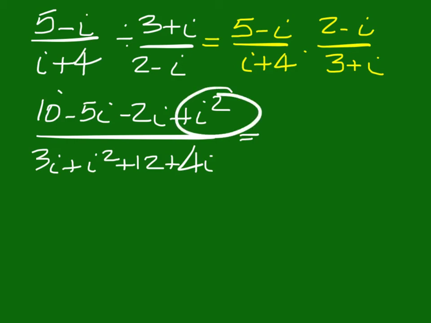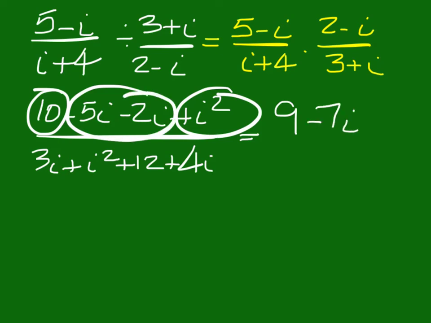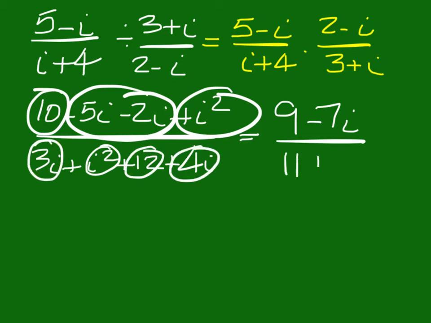That's a negative 1, and a 10 will go 9, and then the middle gives me minus 7i. On the bottom, negative 1 and 12 is 11, and these will give me a 7i. So we have to multiply the top and the bottom by 11 minus 7i.